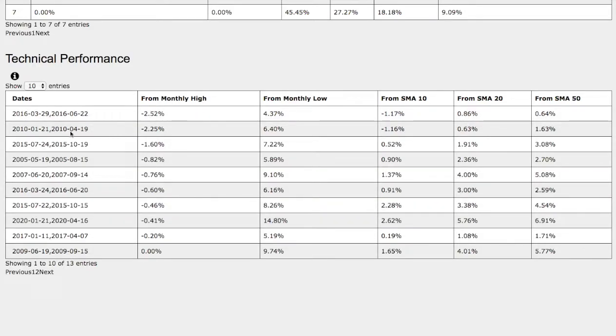And the trend that we just examined, January 21st, 2010 to April 19, 2010, was down 2.2% from monthly high, up 6% from monthly low, down 1% from 10 simple moving average, up 60 basis points from 20 simple moving average, and up 1.6% from 50 simple moving average. The slight difference that we see here is the 10 simple moving average is down 1%, compared to up 2.6% on the 10 simple moving average. That is a slight difference that we see in the technical performance of each model.